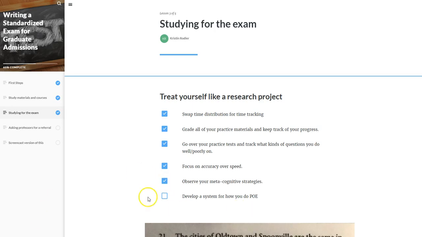Observe your metacognitive strategy. You really need to watch yourself when you're taking the test. Did you work really hard on this one question and it seemed completely true that D was the answer? Or were you skimming, rushed and tired, and you just said, whatever, this is a good answer?